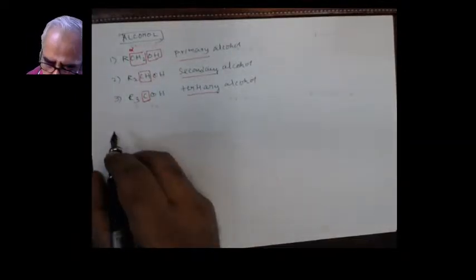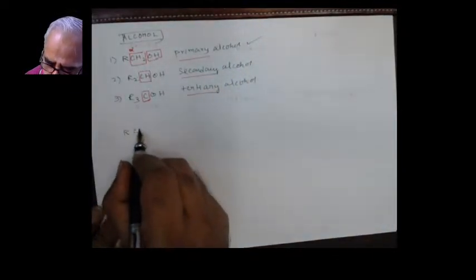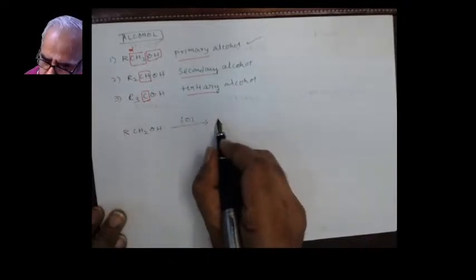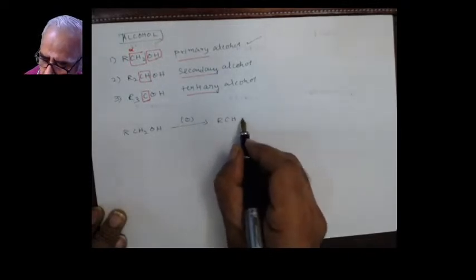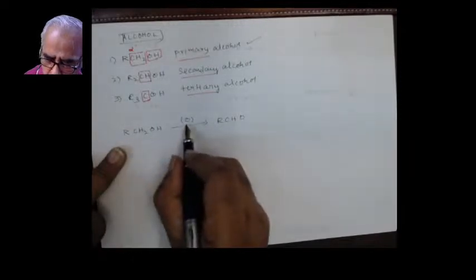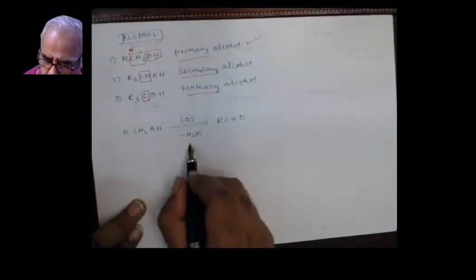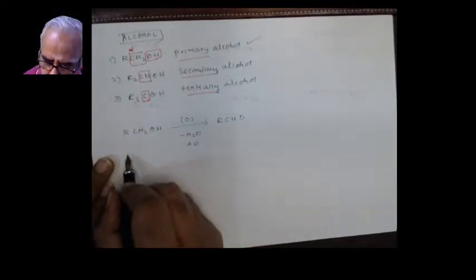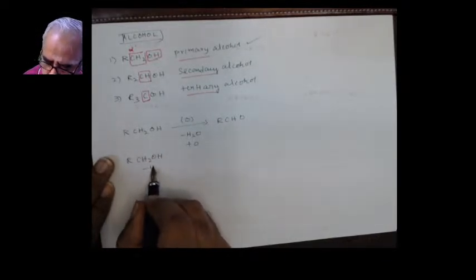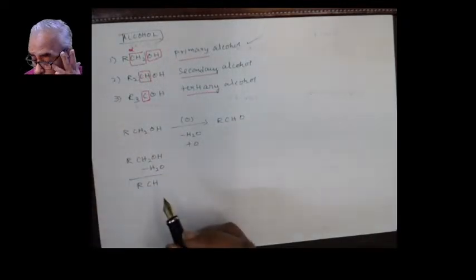Now let me take up the primary alcohol, RCH2OH. When it undergoes oxidation, it becomes RCHO. How does it happen? When you heat, water molecule is removed, and when it is oxidized, oxygen is added. Just work it out: you have RCH2OH, subtract H2O, what will you get? RCH, is it not?